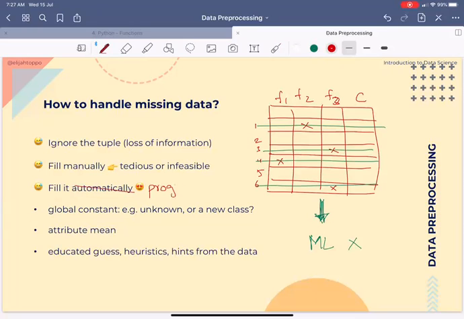So we'll write a program that will fill this data. But to write that program, we also have to answer what should be filled. For that, there can be multiple solutions. This is not an exhaustive list, there are many more, but let's start with this. If I find a missing value, I will replace it with a global constant. Either I will say that this is unknown data.